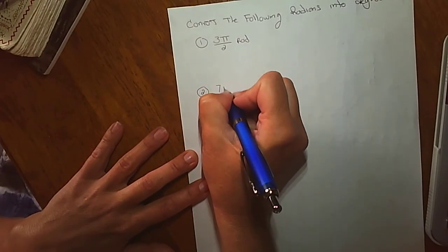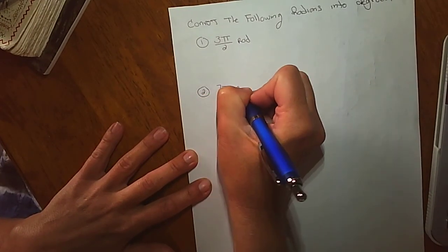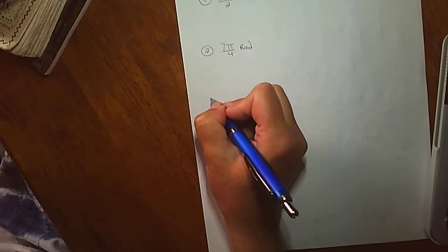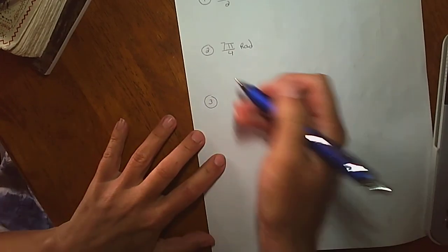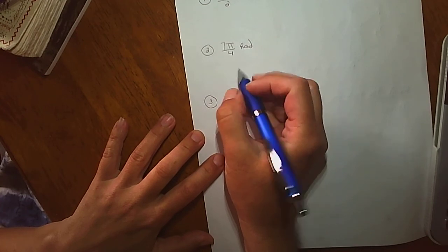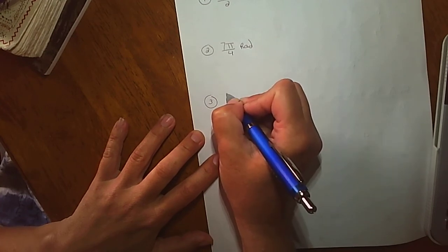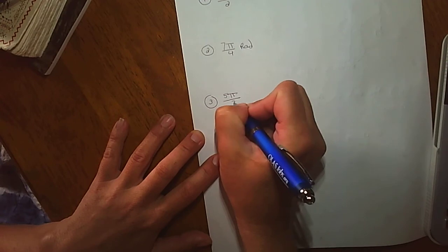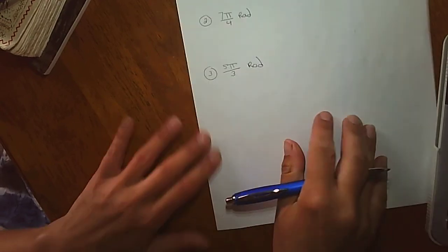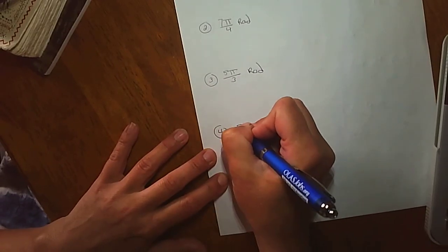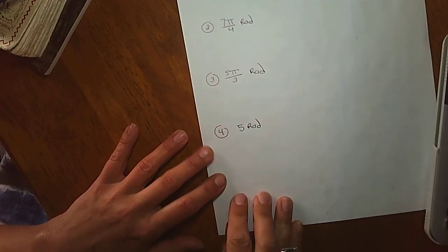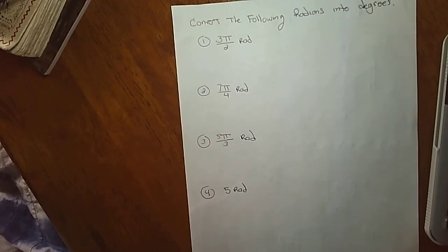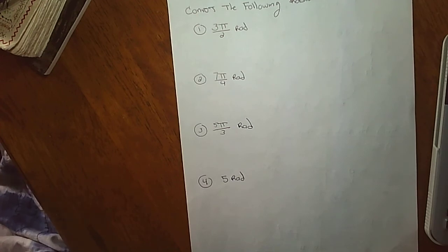We'll do 7 pi over 4 rad. Number 3. Let's do 5 pi over 3 rad. And finally, we'll end with 5 rad. Just plain old 5. All right, so what I'd like you to do is try these 4.